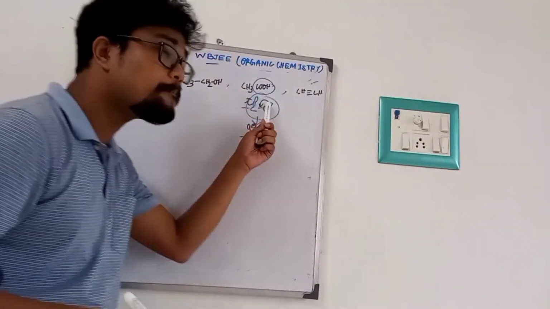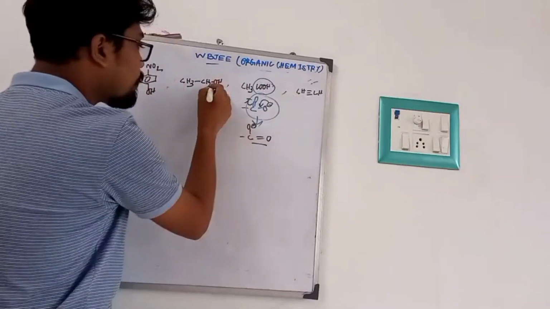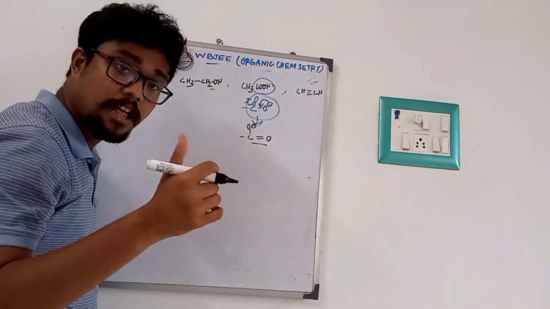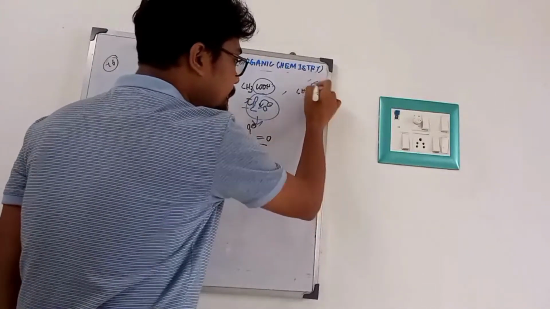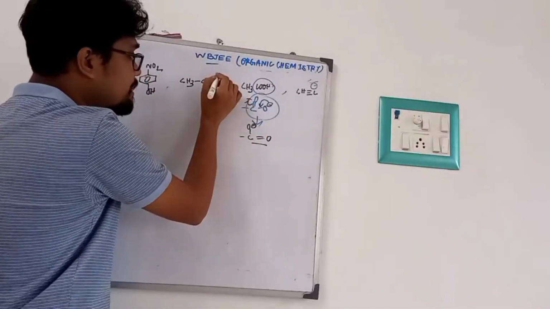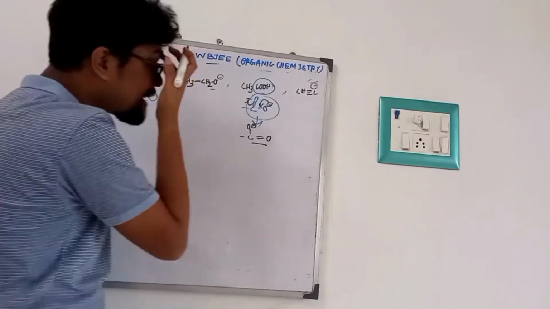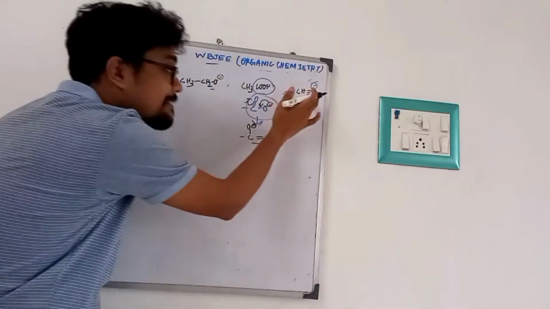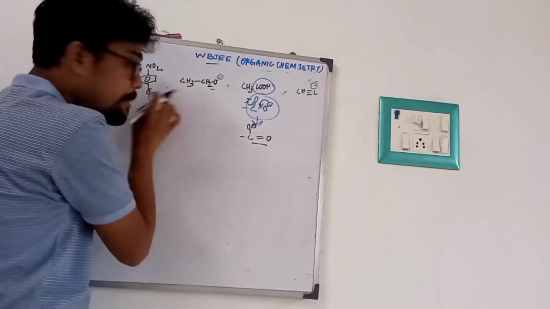That is why it becomes most acidic in nature. Then the negative charge comes on an electronegative atom. So either the negative charge comes on this carbon, or maybe this oxygen, or maybe this oxygen. We know that a negative charge on oxygen is more stable than on carbon. So in between those, the acidity can be compared.